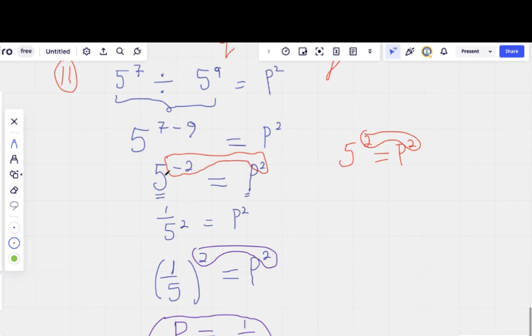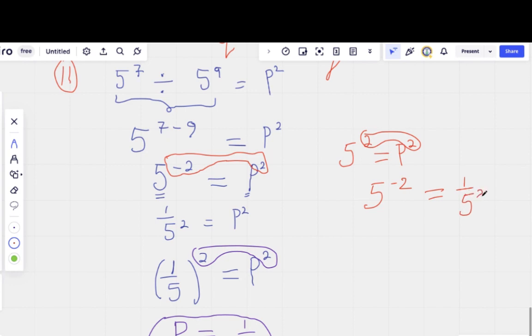So here we have 5 to the power of negative 2 is equal to p to the power of 2. The powers are almost the same, so we just need to do one little trick to make them the same. Now we already know that 5 to the power of negative 2 is equal to 1 all over 5 to the power of 2.